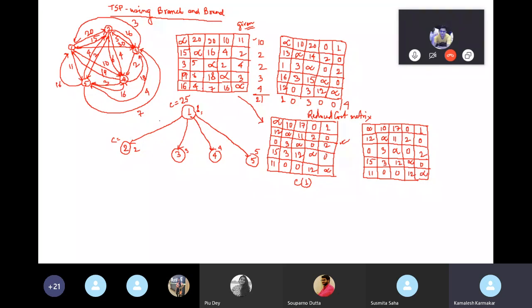There is an edge from vertex 1 to vertex 2. So from vertex 1 towards vertex 2, we have to update row 1 and column 2. There is a cost associated with vertex 1 to vertex 2.